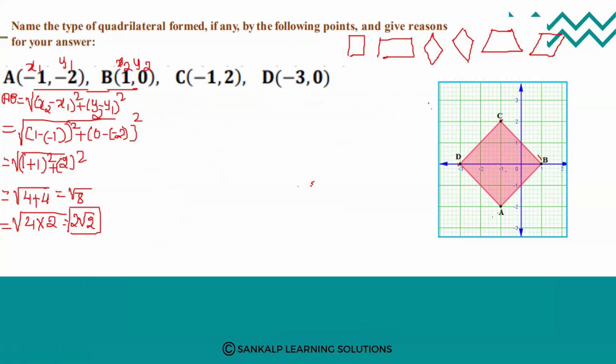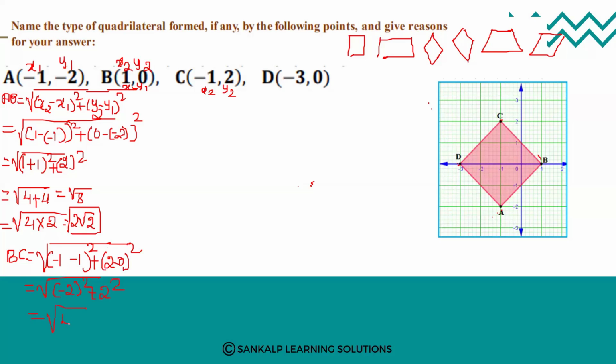Now we need to find out the distance between BC. Now we are considering B to C, that means this is x1, y1 and this is x2, y2. x2 is minus 1 and x1 is minus 1 whole square plus y2 is 2, 2 minus 0 whole square, which is minus 2 whole square plus 2 square.